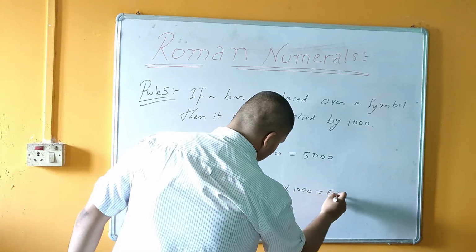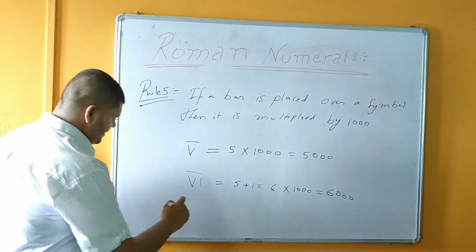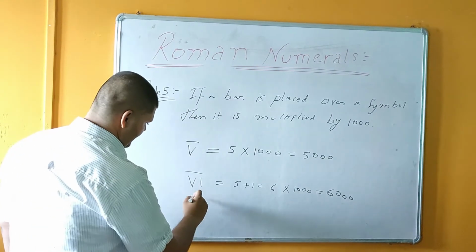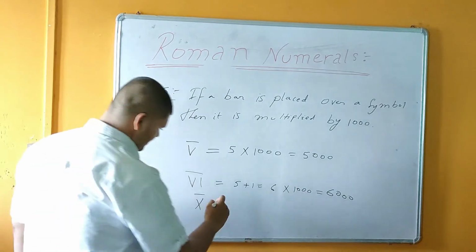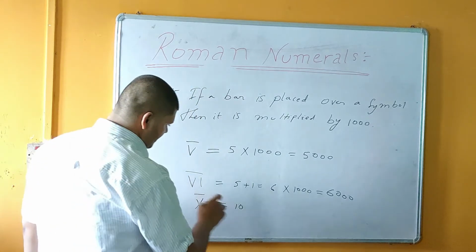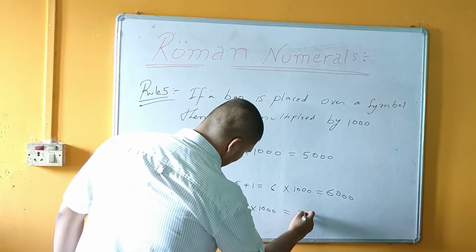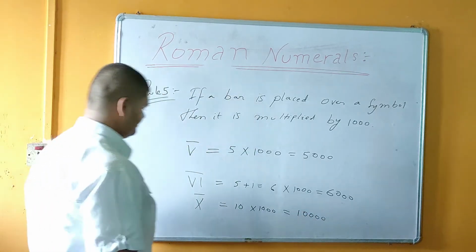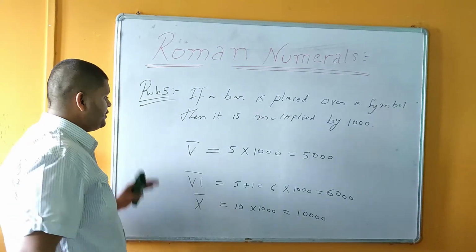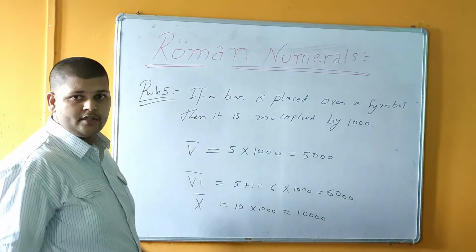You will get 6000. Let me take some more. Suppose this is 10. If I put a bar over here, what does it represent? 10 bar means multiply by 1000. So this will become 10,000.